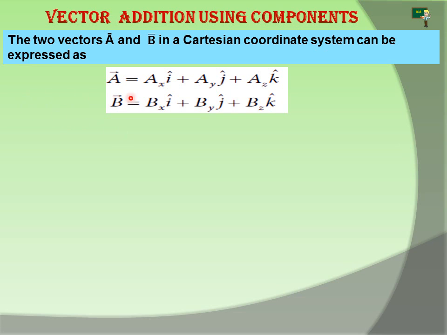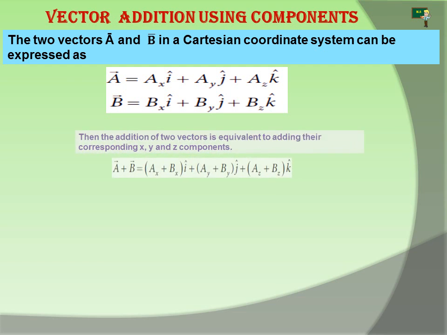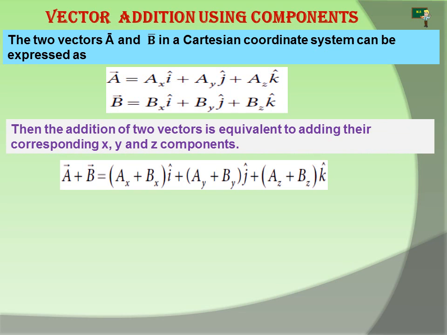Now the two vectors A vector and B vector in a Cartesian coordinate system can be expressed as A vector equal to AX i cap plus AY j cap plus AZ k cap, and B vector equal to BX i cap plus BY j cap plus BZ k cap.